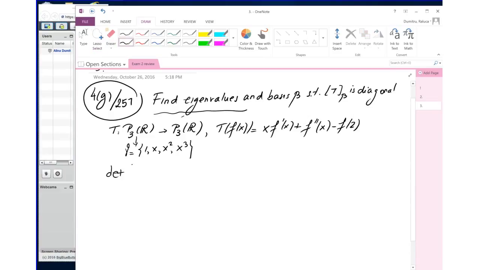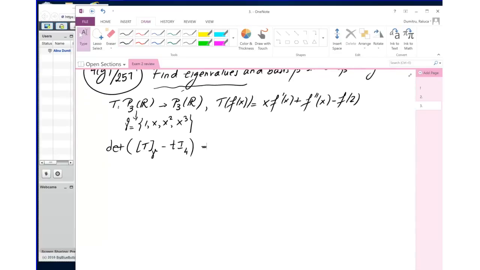So the determinant of the matrix of T in the basis gamma minus lambda times identity is going to be 4 by 4. Right, so let's see what the matrix is. We start with T of 1.